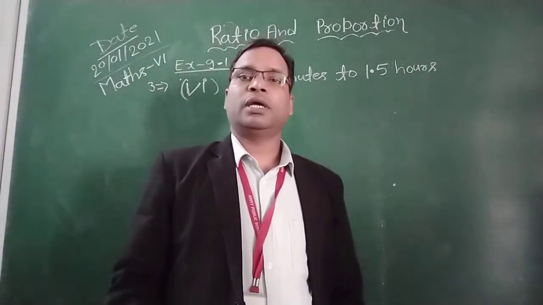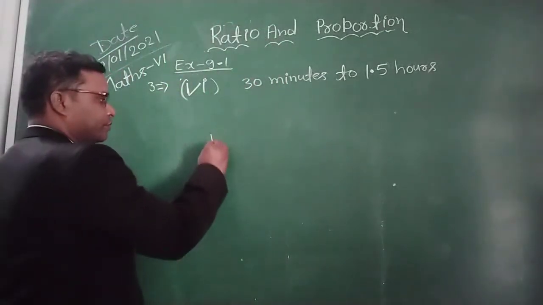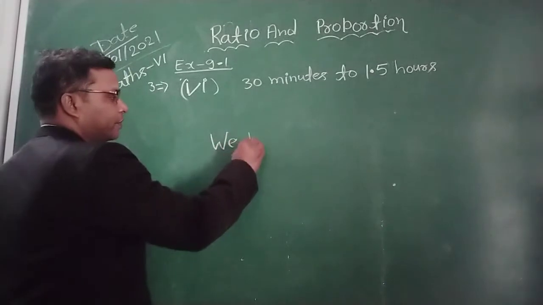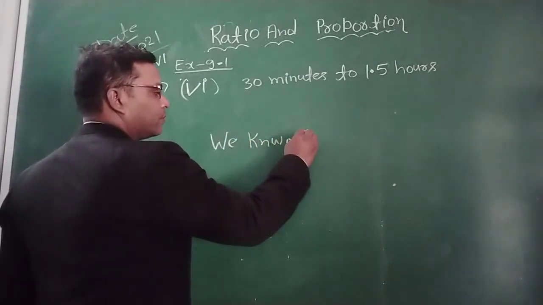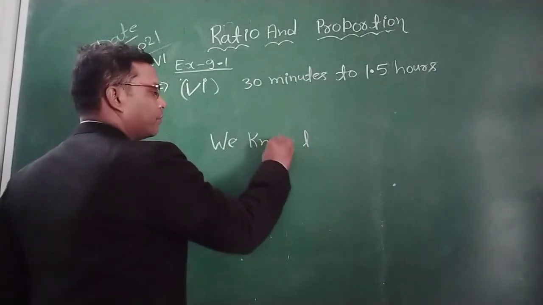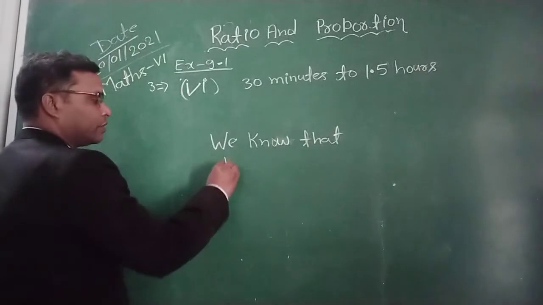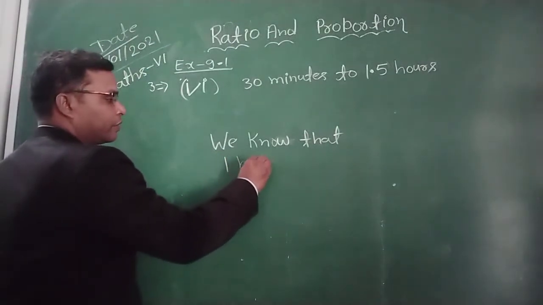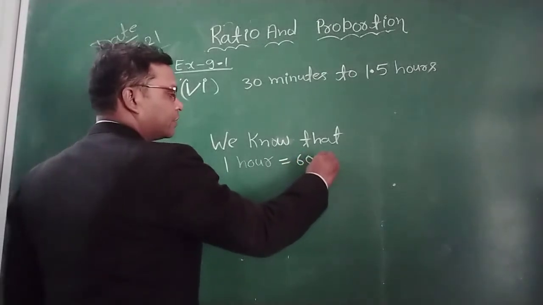So how many minutes? Let's see how to convert it. So first we write here, we know that 1 hour is equal to 60 minutes.